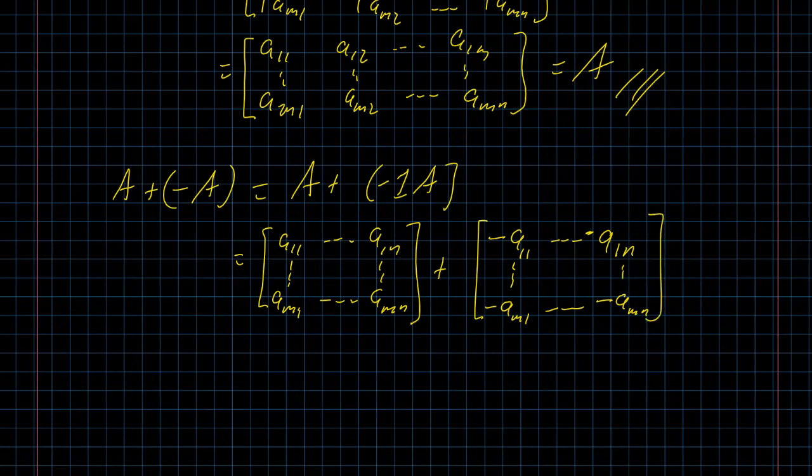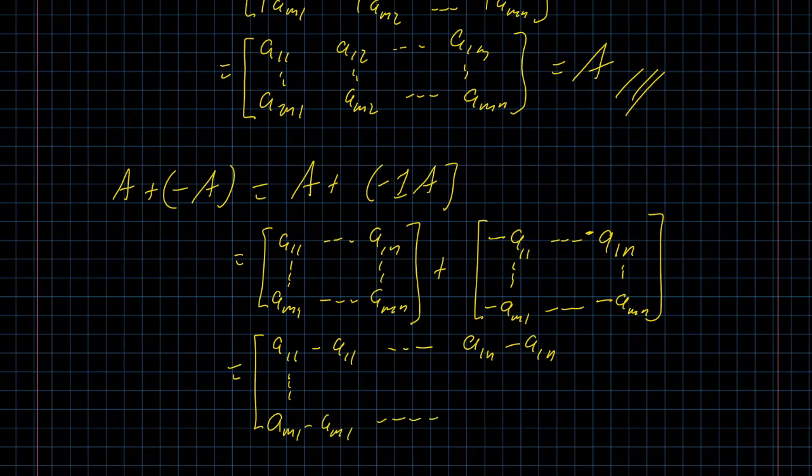And if we want to add component by component, that's A11 minus A11, A12 minus A12 all the way through to A1n minus A1n, A21 minus A21 all the way down to AM1 minus AM1, and all the way down to AMN minus AMN.